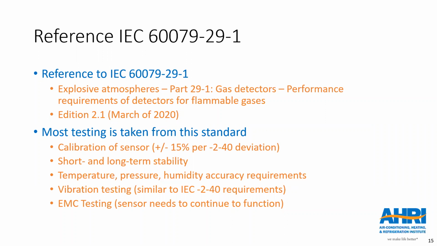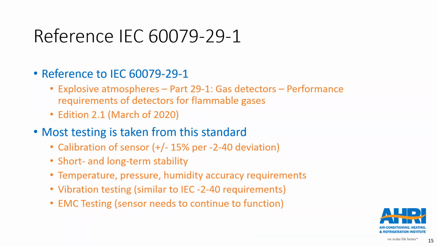One of the main differences that we see in the North American version of the standard is the reference to IEC 60079-29-1. This standard covers gas detectors for flammable gases. The 60079 series covers a wide variety of applications, technologies, and uses, and it's important that we're only looking at the gas detector portion of the series.